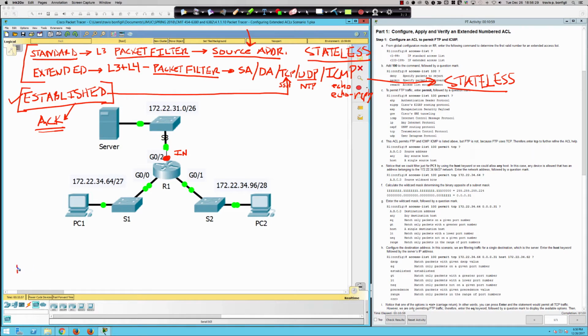So if I said IP access list extended HTTP only, and I hit enter, it's going to put me under the access list, and then you'll see the NACL for the named access list configuration.